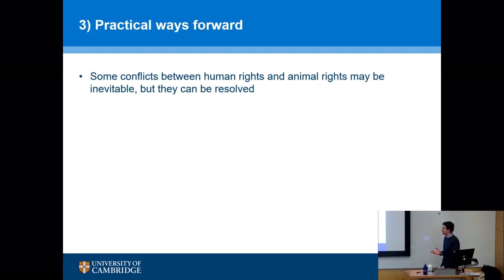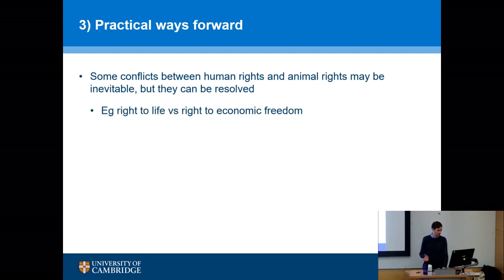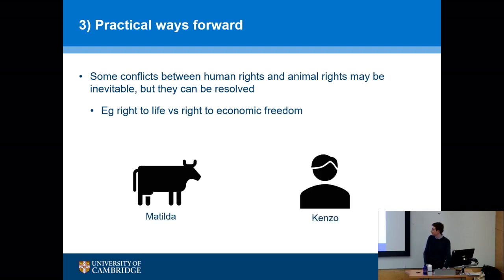Now, I think it's obvious that some conflict between human rights and animal rights will be inevitable, but it doesn't mean that they can't be resolved. So think of the right to life versus the right to economic freedom, for instance. Assume that under an animal rights framework, Matilda, our cow, would have a right to life.